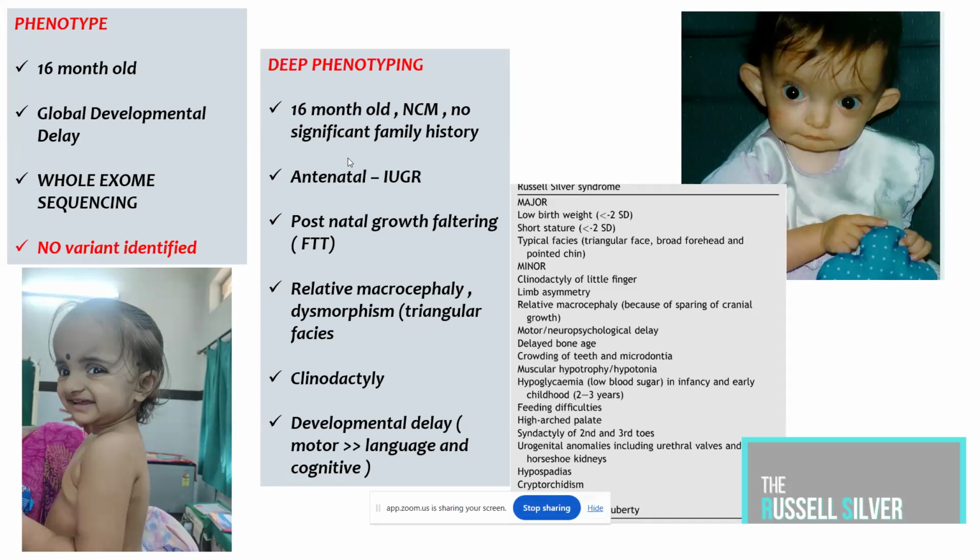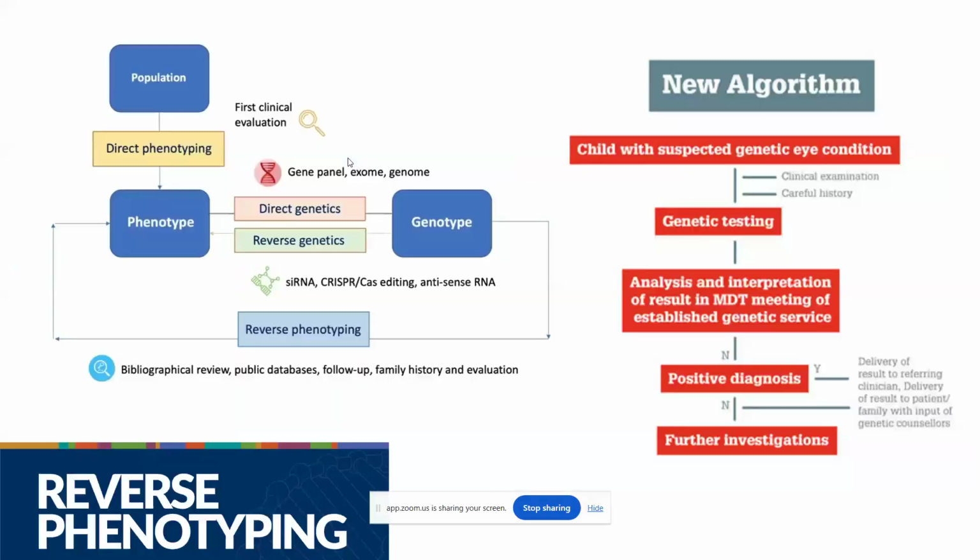The relative macrocephaly, the short stature, the intrauterine growth retardation, all these were important clues in this case. This is the importance of deep phenotyping. If you don't give much information to the geneticist, or if you don't order an appropriate test because the phenotype was not analyzed properly, you are not going to have a final answer.